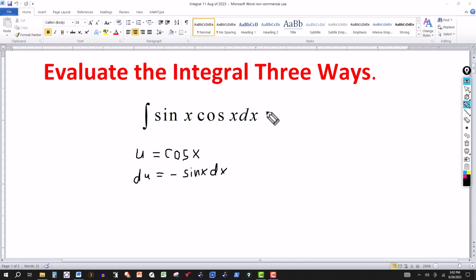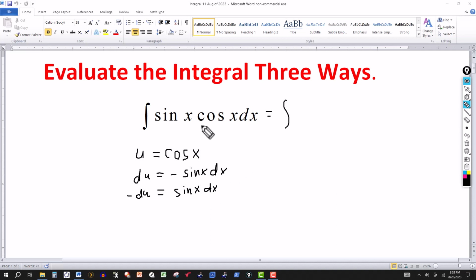So I'll come back over here then and get the integral. This time u is cosine, and notice here, let me rewrite this. I'm going to multiply both sides by a negative here. So I'll put negative here. Multiply the right side by a negative, it just gives me sine of x dx.